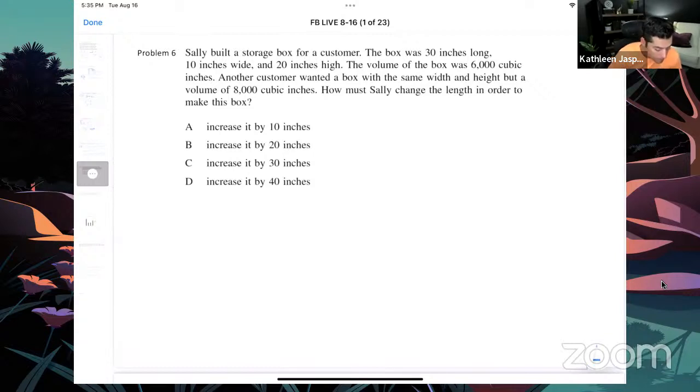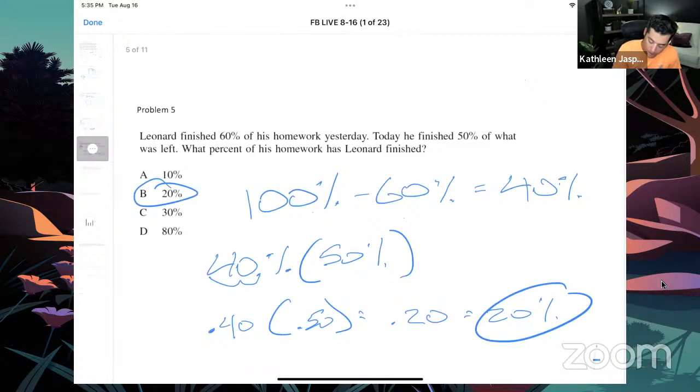Looks like I got a question here. Why for problem 5, not 60 plus 50? You can't just add, again, because we're taking a percent of a percent. 60 plus 50 is 110.